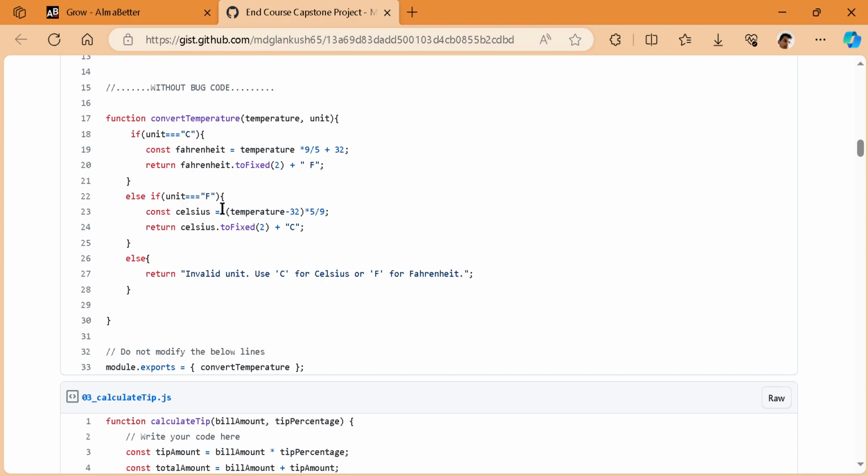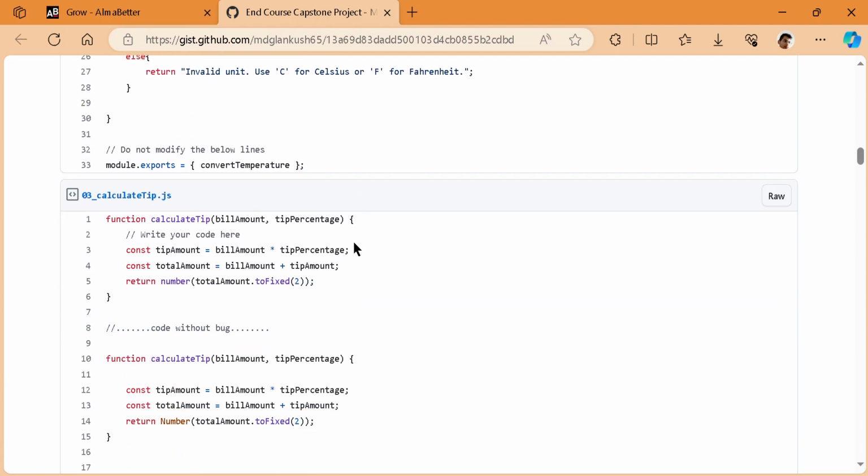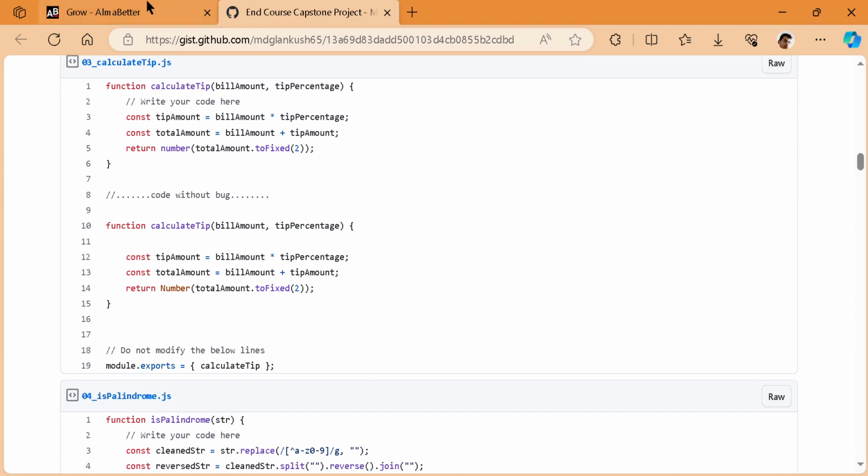Next, else if unit is F, then we calculate the temperature in Celsius, fix it to two decimal digits, and add C. Otherwise, it is an invalid unit: use C for Celsius and F for Fahrenheit. Invalid unit we have already told. Let's come to the next question.